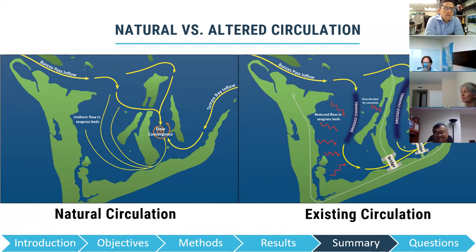I think we saw velocity there of maybe 0.6 or 0.7 meters per second, on a normal day. During a storm event, it's going to be even greater, and that's just too much flow for a lot of these seagrasses.